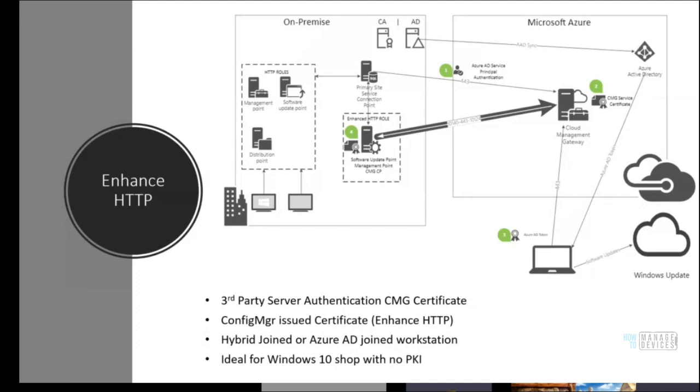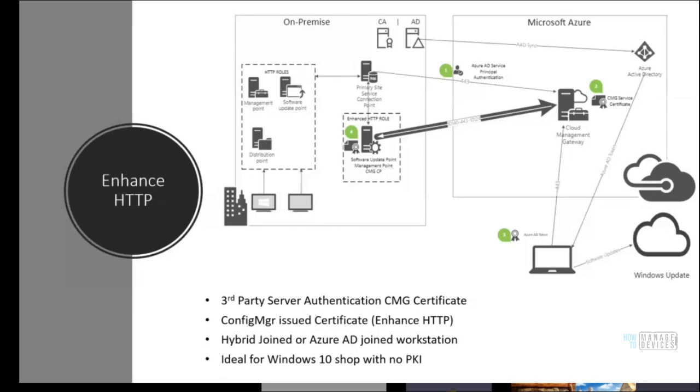Normally when authentication happens through Azure AD, the machine gets either the device token or the user token. Based on that, it will contact the CMG connection point, which has enhanced HTTP. So these are the 3 certificate options possible, and you can use whichever suits your requirement, whichever you find easy.